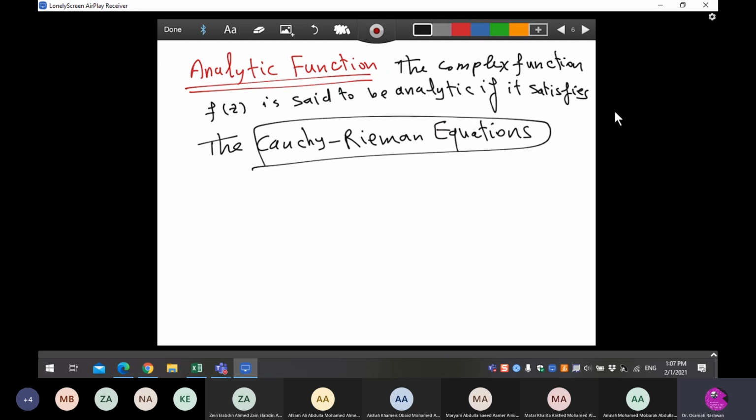Okay, so this is corresponding to the analytic function.